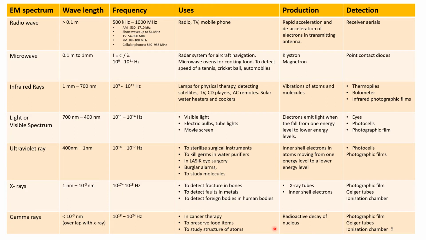They are produced due to radioactive decay of the nucleus, the innermost part of the atom, and are detected by photographic films, Geiger tubes and ionization chambers. Hence, remember all these frequency ranges, types of electromagnetic waves, wavelengths and frequencies.